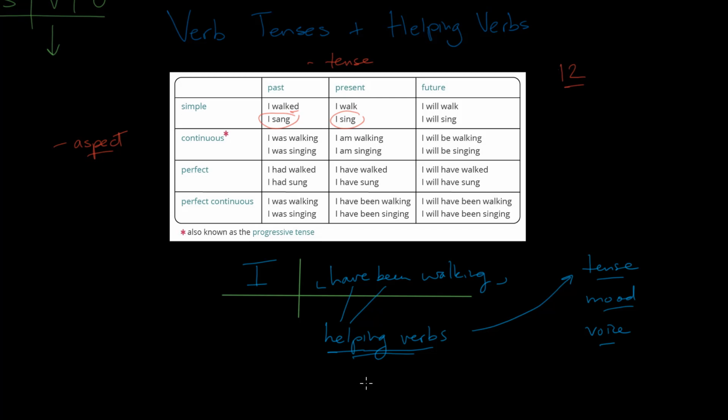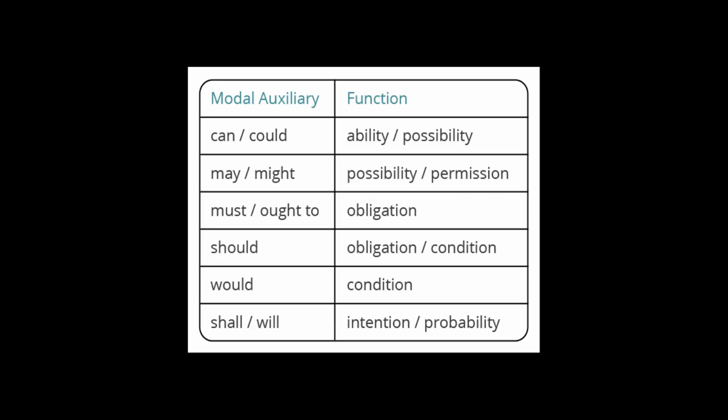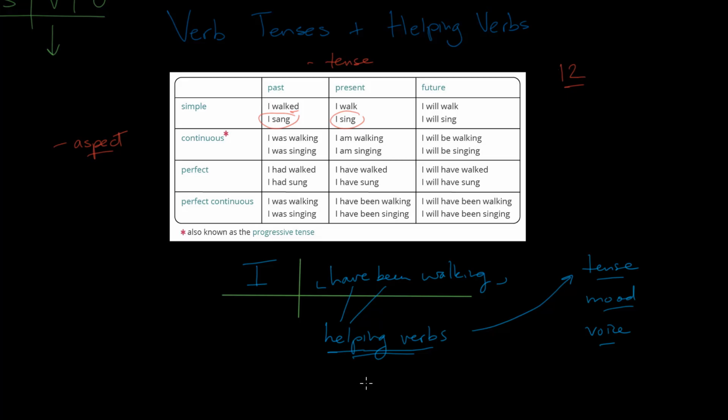There's also a particular kind of helping verb that we call the modal auxiliary. It's quite the mouthful. Auxiliary just means helping, but these indicate things like possibility and necessity. Examples are could and ought and shall and so on. They really allow us to add extra nuance to our verb phrase to indicate what we're really trying to say.